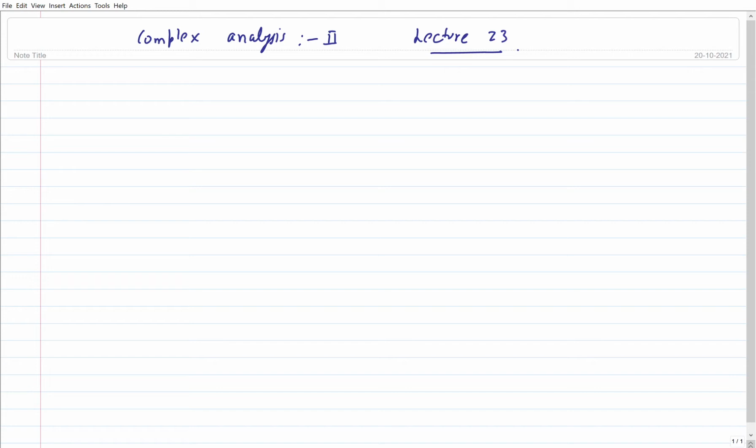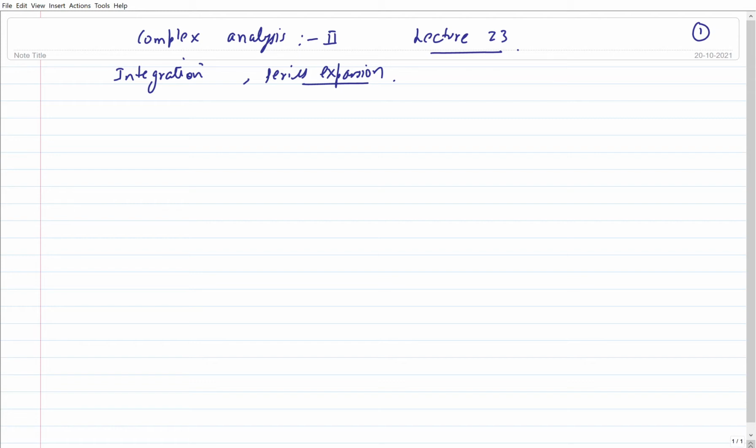Okay, so today we'll start talking about integration and maybe, if time permits, series expansion, and so on and so forth.